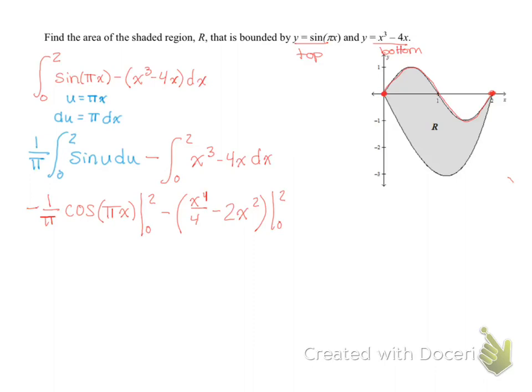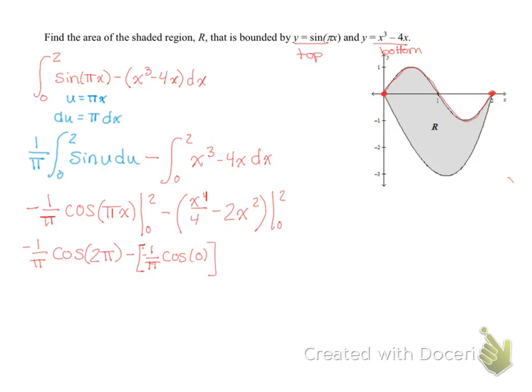Okay. I want you to try not to use your calculator on this. Again, there are portions of the AP test where you cannot use a calculator on these. Okay, so if I plug in 2 in for x for this cosine here, well, I will have negative 1 over pi cosine of 2 pi minus negative 1 over pi cosine of 0.